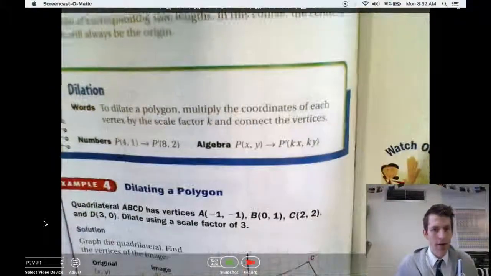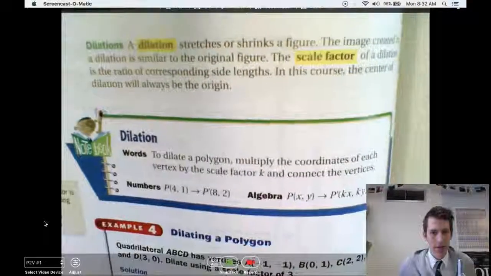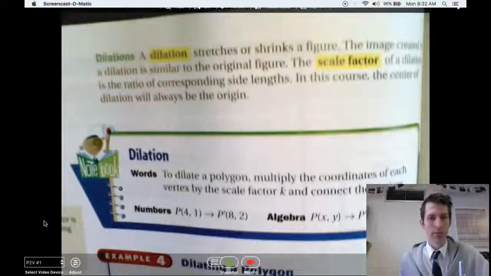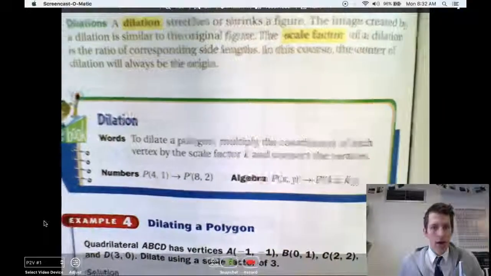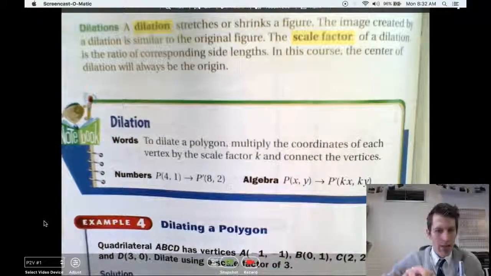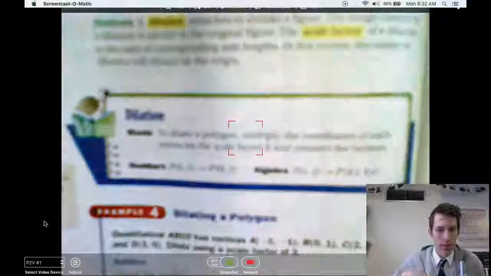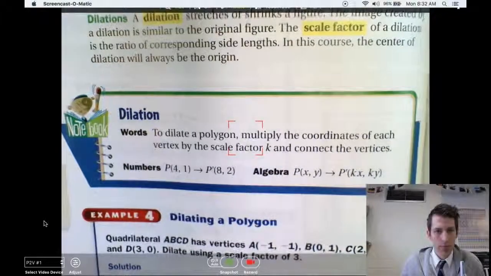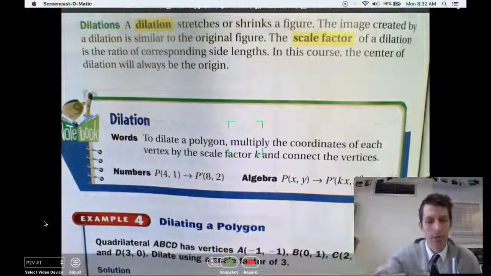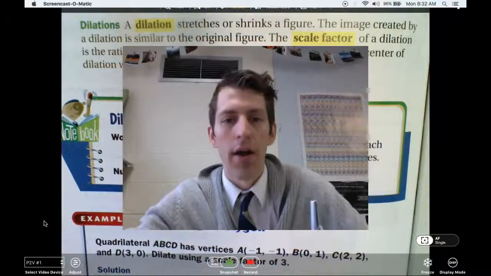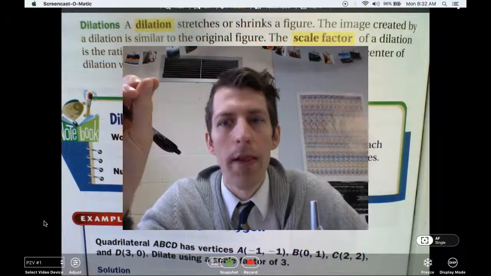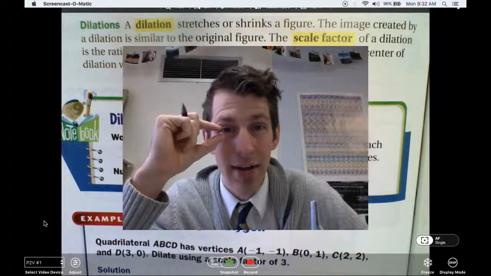Okay. The next area that we have to discuss in this section, then we'll be done, are called dilations. And let me just refocus this for a second. All right, so have you heard of your pupils dilating?